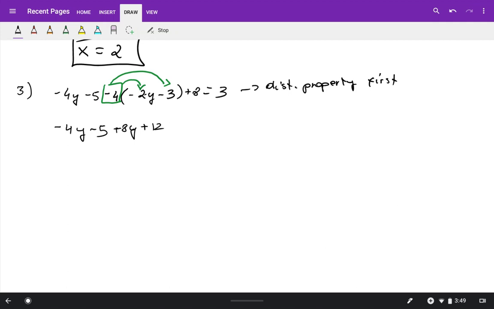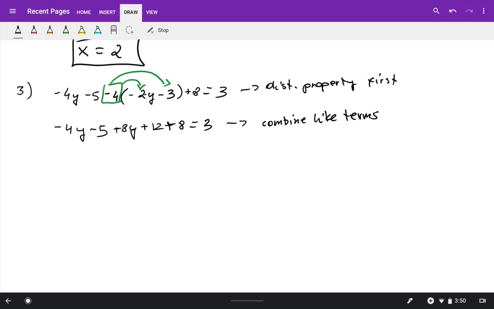So 2 negatives gives you positive. And I'm copying the rest. The rest is plus 8 equal 3. So let me copy this. Plus 8 equal 3.